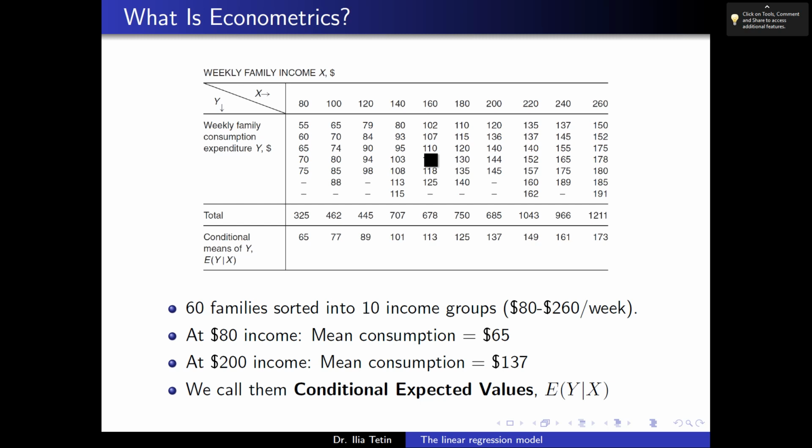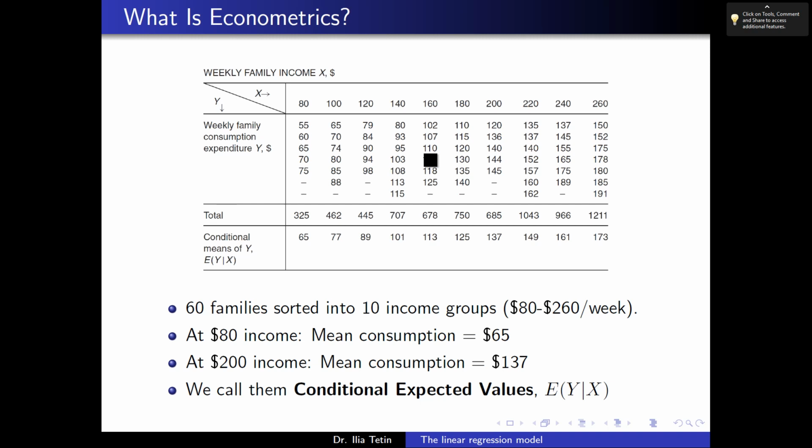So the dependent variable is our weekly family consumption expenditure in dollars, and X is just the family income. So these whole people represent the population, the so-called population. Of course, we know that there are many families, but we have only gathered data on 60 of them, and we presented those findings in tables.